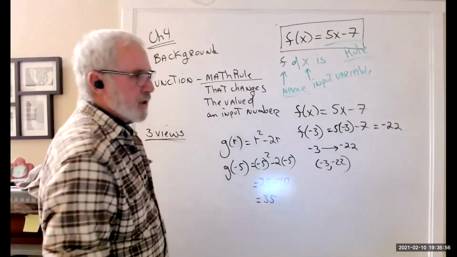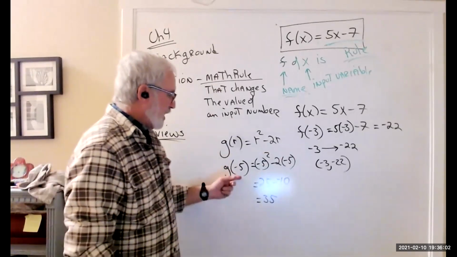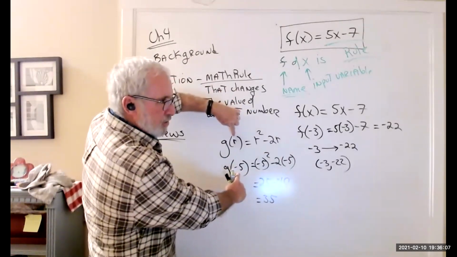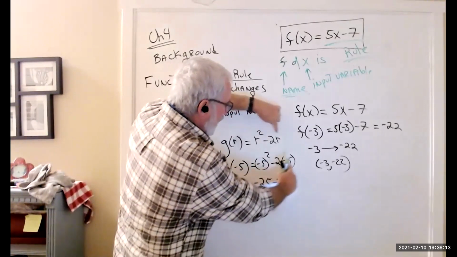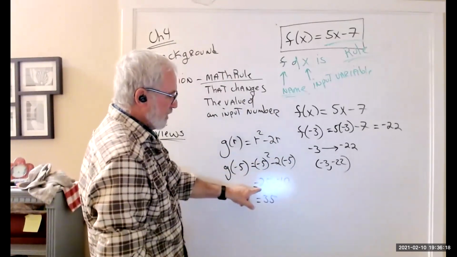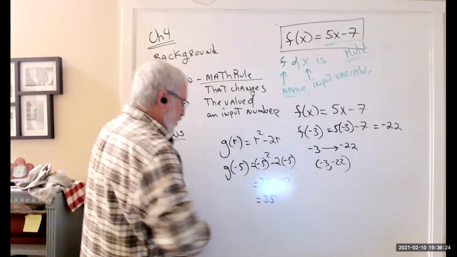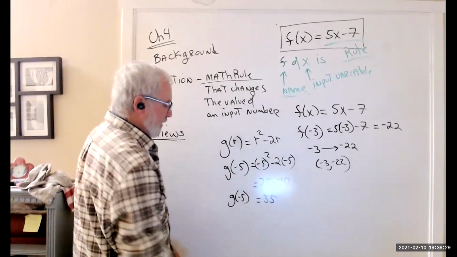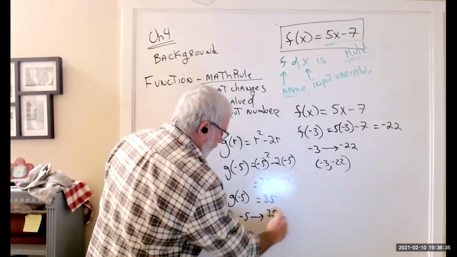Now, whether you did it in your head or on scratch paper doesn't matter to me. For g of -5, we plugged in -5 in place of r everywhere in the formula. So we had -5 squared minus 2 times -5. So -5 squared was positive 25, minus is plus, so final answer 35. So g of -5 became worth 35. That means -5 got turned into 35.